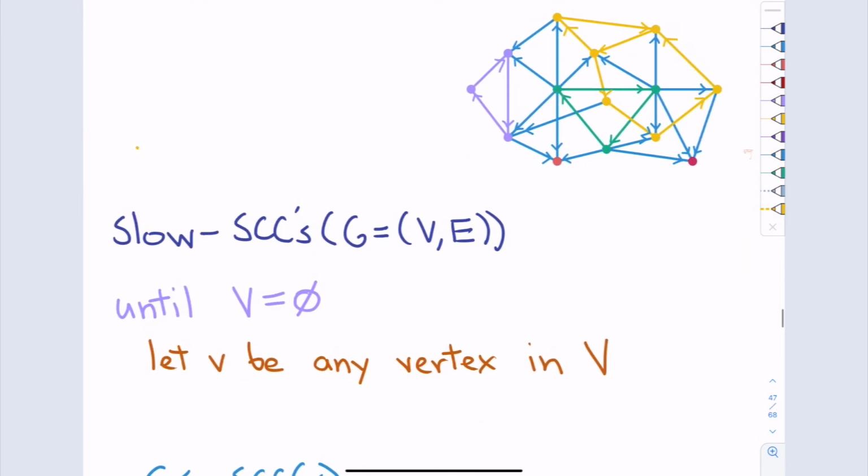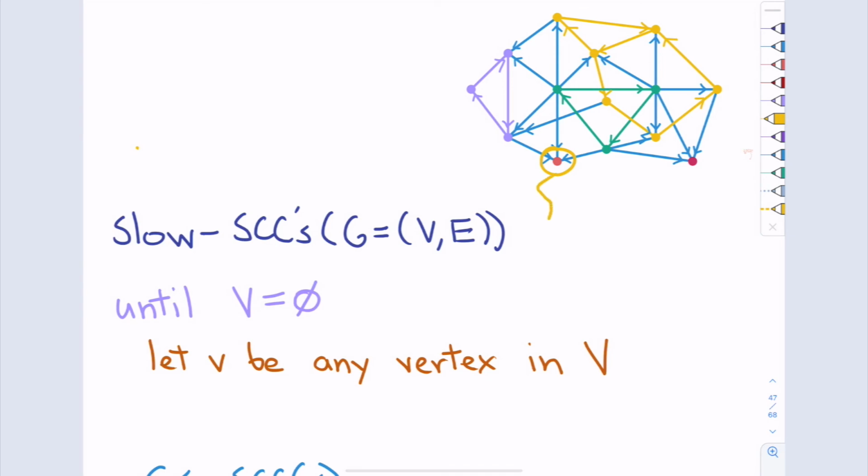Now what I wanted to think about is, suppose I could pick out which vertex I wanted to search from first. It would be very nice if somehow I could have picked this one first. Why?